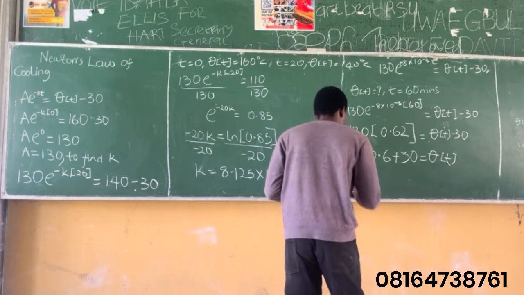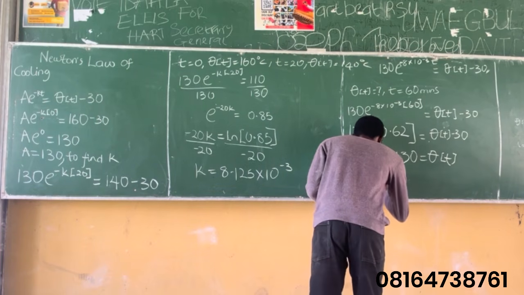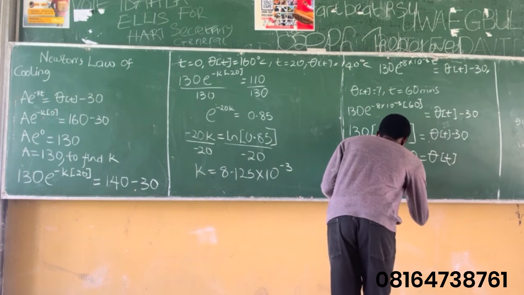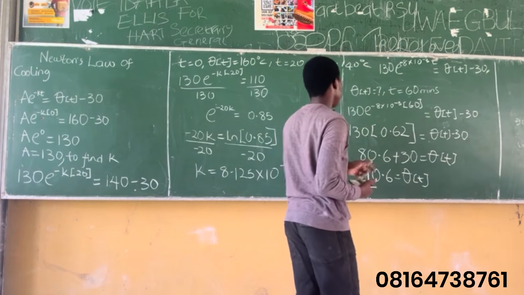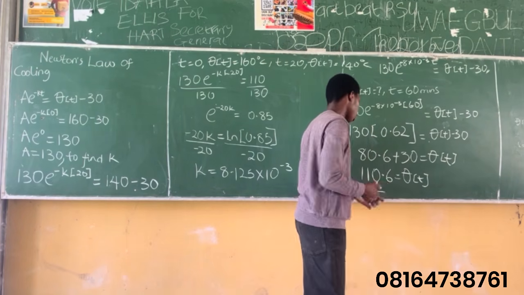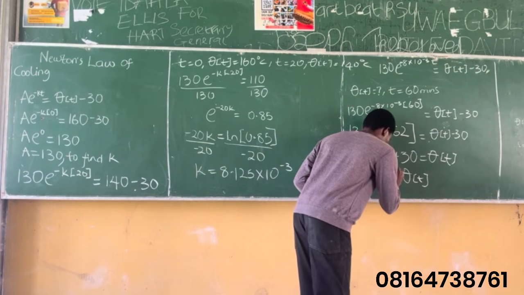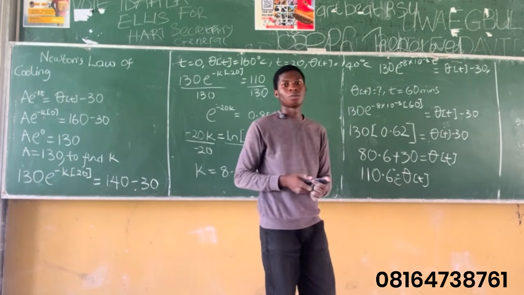So this is going to be giving us 110.6, which is equal to theta t. So at t equals 60 minutes, our temperature is 110.6 degrees Celsius.